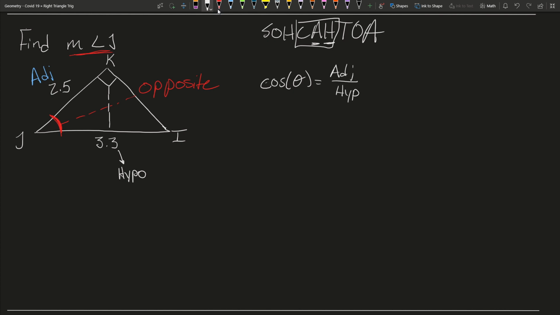Substitute in what we know, and we solve it almost the exact same way that we just did before. So again, I'll pause there for 5 or 10 seconds. Are there any questions about what I've done so far?